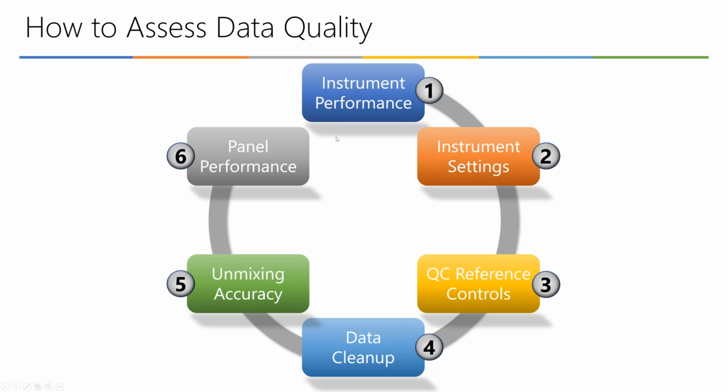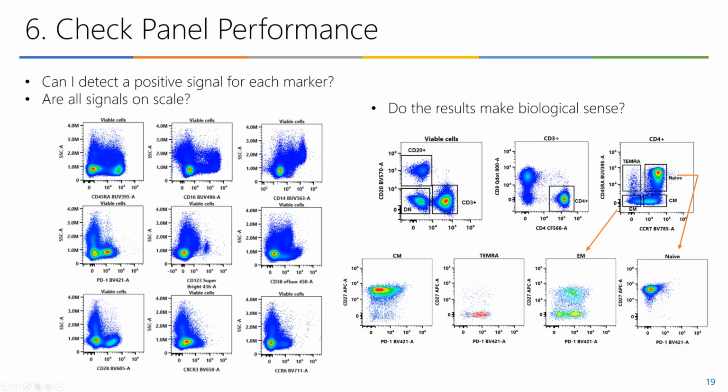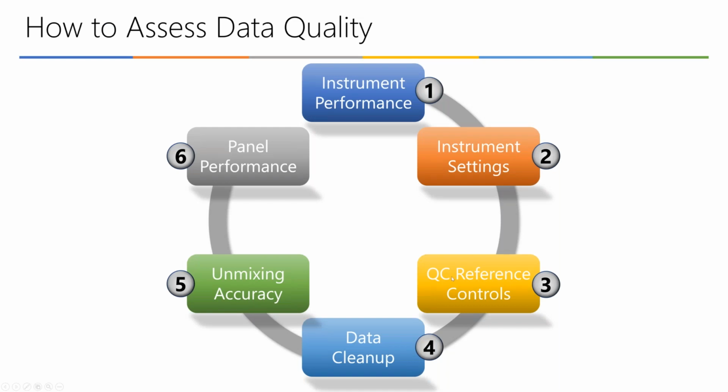And the other one is that the only way you can reuse controls is after you have done all the steps for panel validation. So you make sure that your controls give you perfect unmixing, no errors, and that your controls are matching, either if you decided to use beads or cells, that you confirm that if you can use beads, it's because the beads are going to give you good unmixing, no errors, once again, because there are differences between beads or the spectrum profile that beads can give you compared to cells.